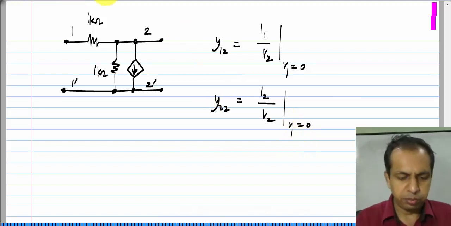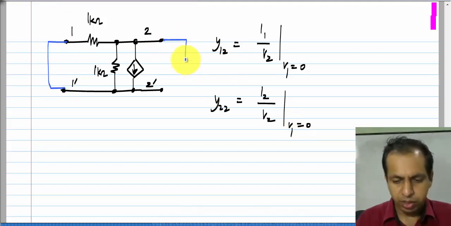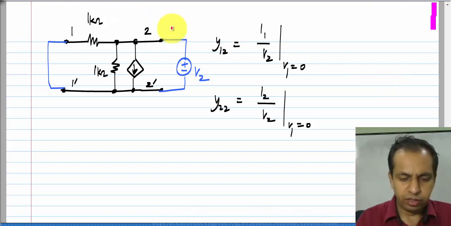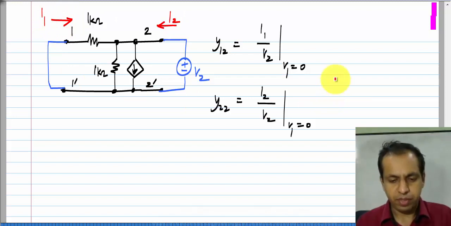So, for these two measurements, I have to short port 1, apply V2, okay, and I need to find the currents I2 flowing that way and I1 flowing that way. Okay.